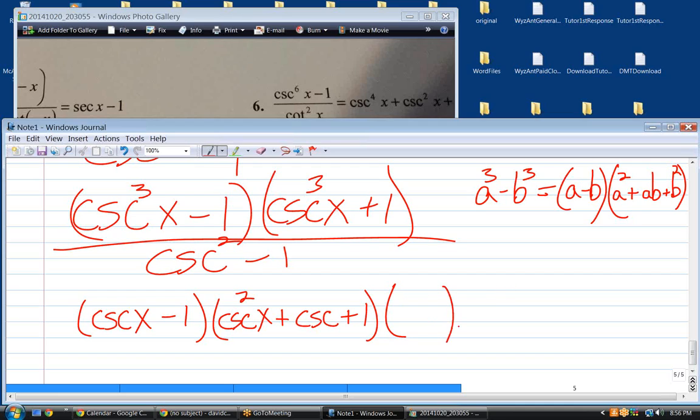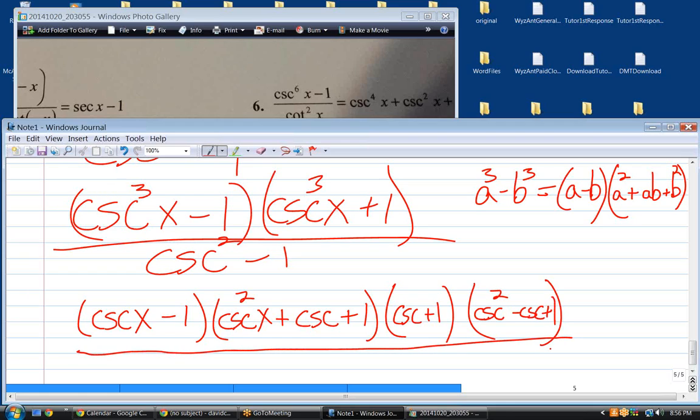And the sum of cubes will be cosecant plus 1, and then cosecant squared minus cosecant plus 1. Okay. And just so we can do some canceling, let's factor the bottom. Cosecant minus 1 times cosecant plus 1.